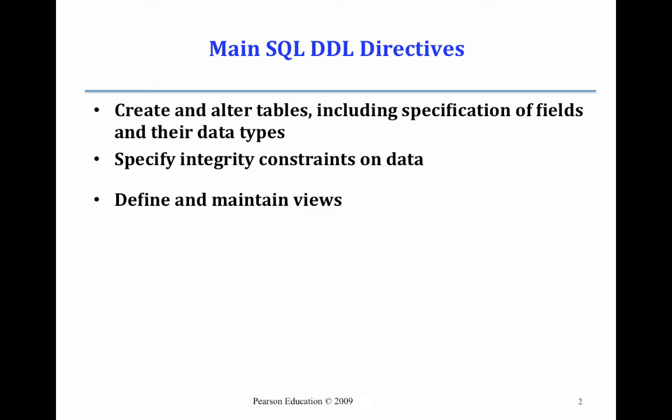I mean add a column name or delete a column or change an integrity constraint or change what happens when you delete a primary key, change the behavior of the database, those kinds of things. And the third thing is defining and maintaining views. So the big three: create and alter tables, specify integrity constraints, define and maintain views.